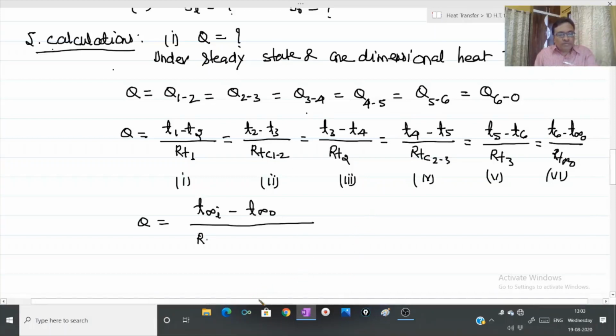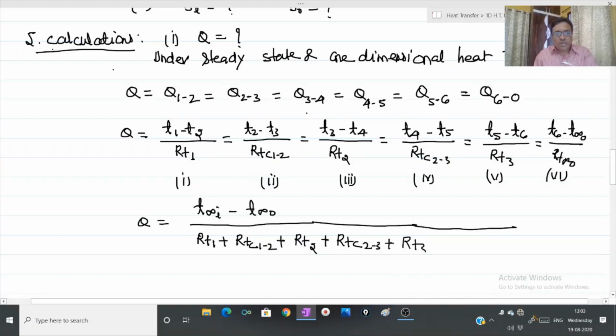So this will become RT1 plus RTC12 plus RT2 plus RTC23 plus RT3 plus RT infinity O. There will be 6 thermal resistances.